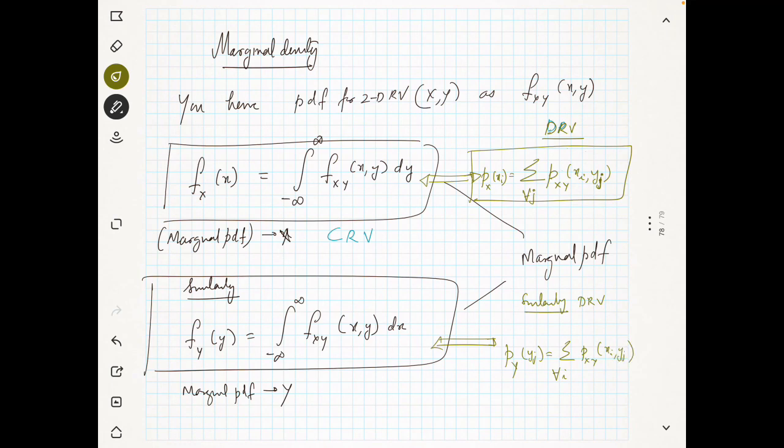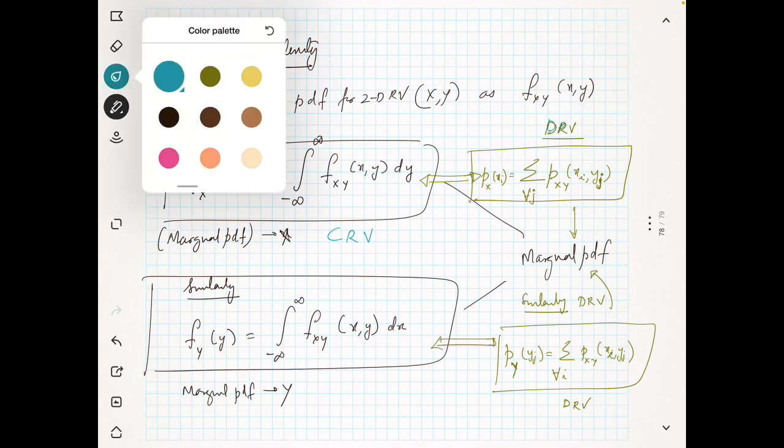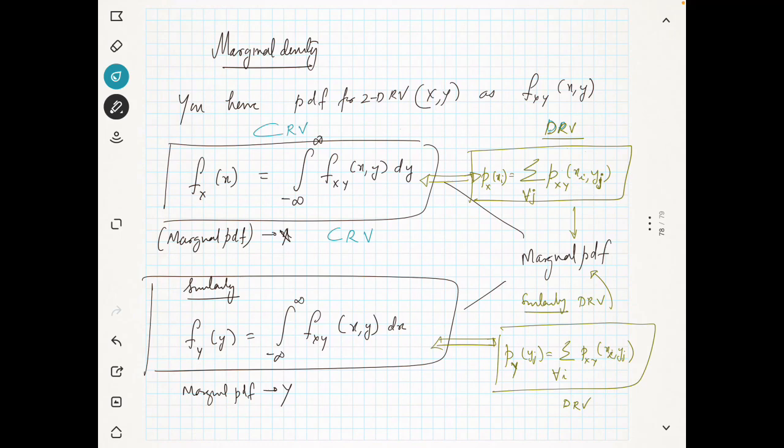If you are adding for all values of i, that means you are averaging over all values of x, and then you will get p_Y of y_j. So this is the case for the discrete random variable. These are all the marginal PDFs, one for the continuous random variable and another for the discrete random variable. I hope this is very clear to you.